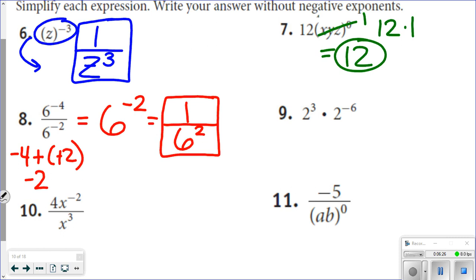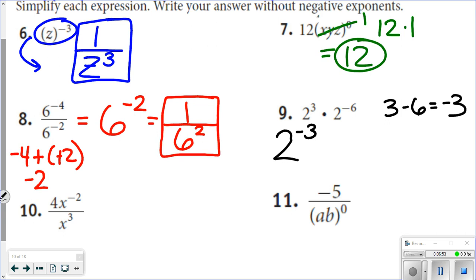Number 9, I see a multiplication symbol. So when I multiply, I keep the base, which is 2, and I add the exponents. So it's 3 plus a negative 6, or 3 minus 6, which becomes negative 3. So 2, and the exponent is negative 3.